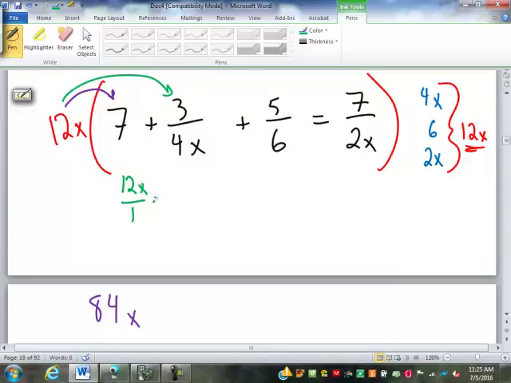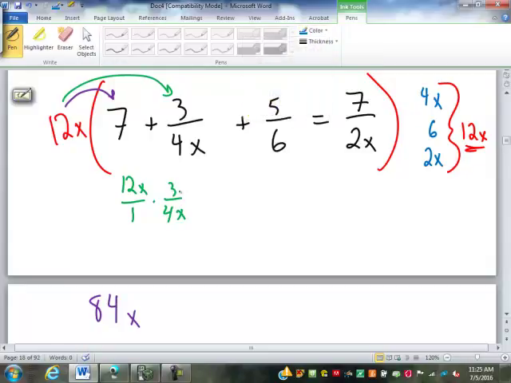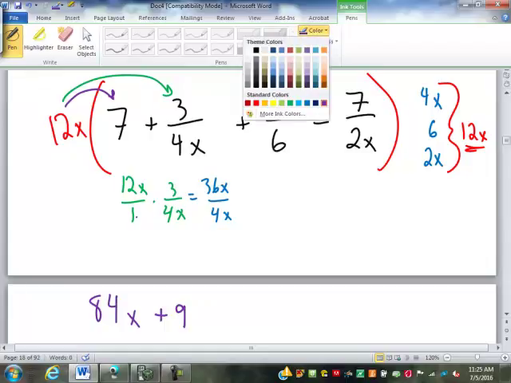So 12x over 1 times 3 over 4x. 12x times 3 is 36x. 1 times 4x is 4x. So if I divide, 36 divided by 4 is positive 9. X divided by x divides out.